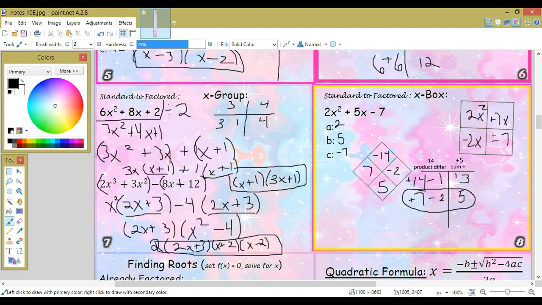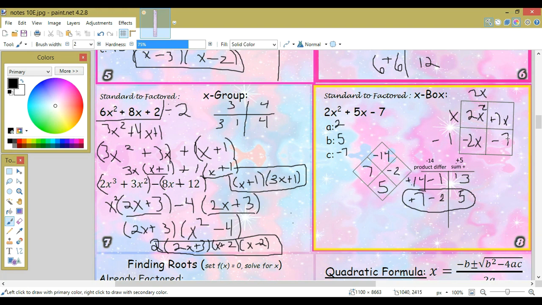Let's pull out the greatest common factor out of each of these. The greatest common factor of 2x squared and 7x is x. The greatest common factor of 2x squared and -2x is 2x. For these two, it would be -1.